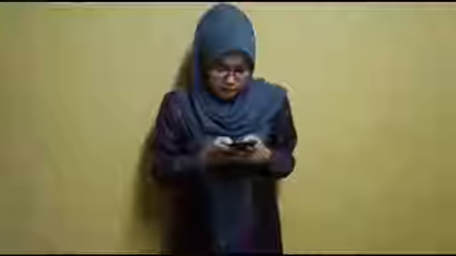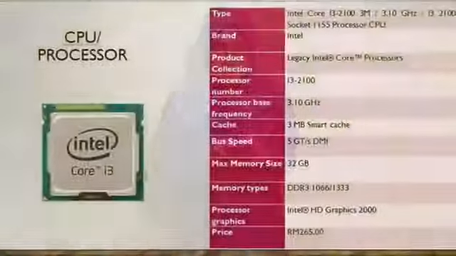The storage capacity of the RAM is 4 GB, and the speed of this RAM is 1333 MHz, and the form factor of this RAM is DIMM. The RAM memory technology is DDR3, and the price of this RAM is RM1058.